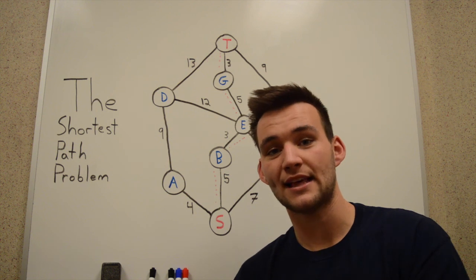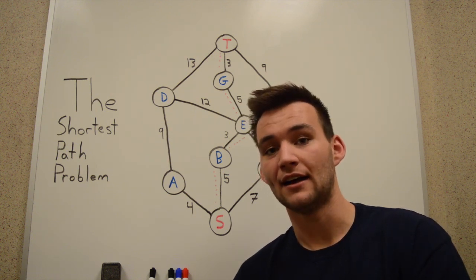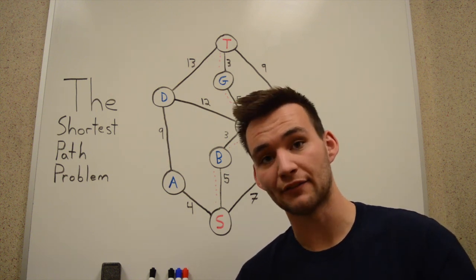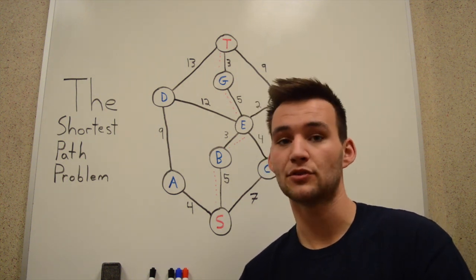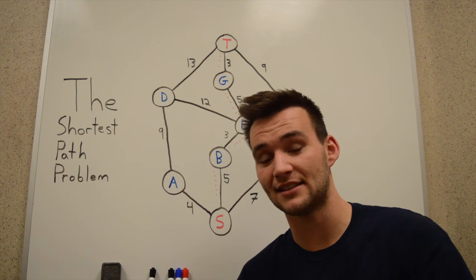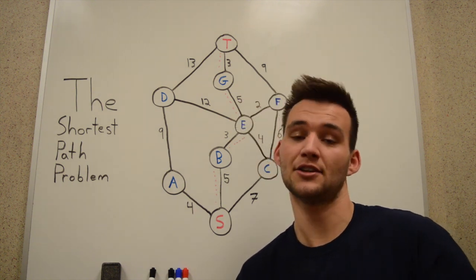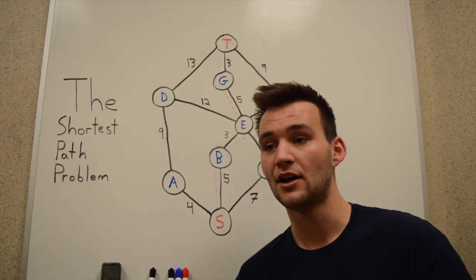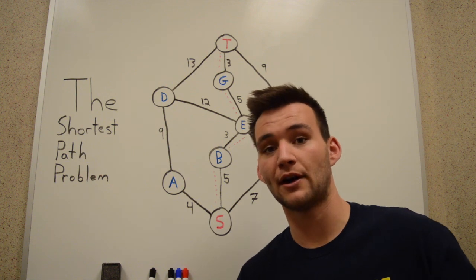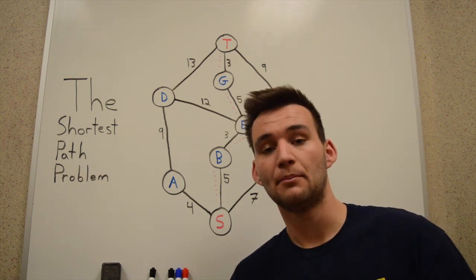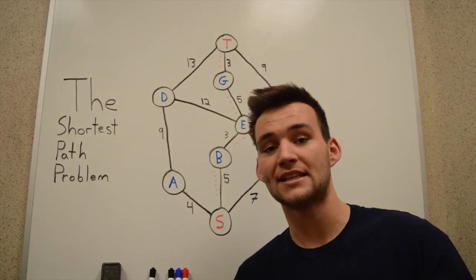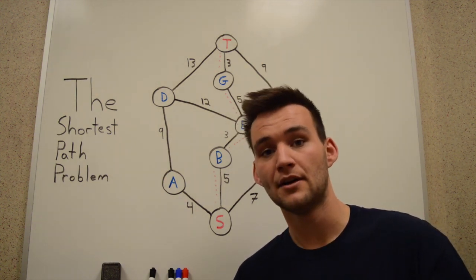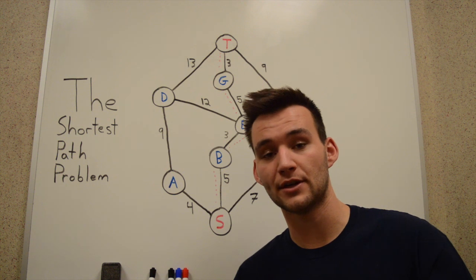Some key takeaways that we have highlighted today is that there exists a trade-off with different algorithms that can solve this problem between pre-processing space and time and query execution time. So what that means is that some algorithms do not require any work to be done up front, but to calculate a shortest path between two random nodes may take a large amount of time to run that calculation in real time.